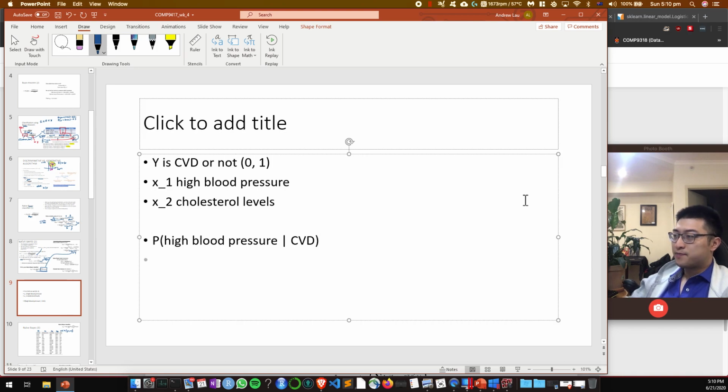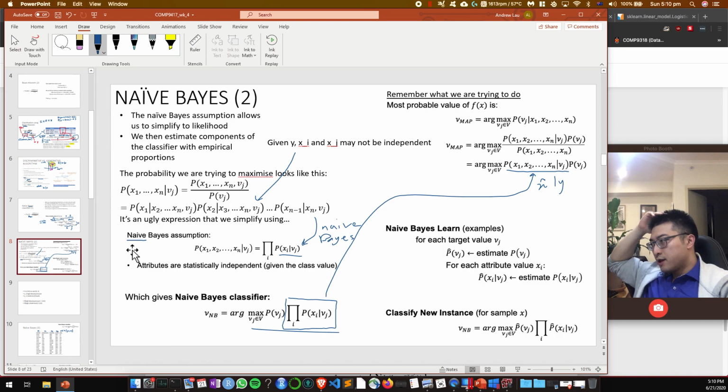So if we look at this, and we look at this, let's say high cholesterol. That's how you spell it. Yeah. So, in theory, if we want the full expression, we want the probability of high blood pressure given everything else, times the probability of, say, high cholesterol given everything else.